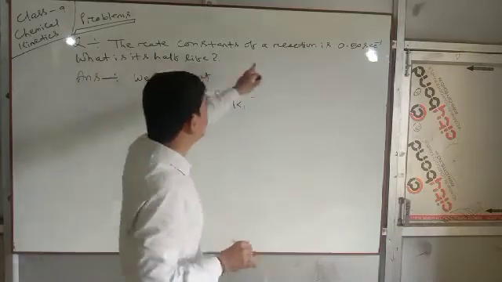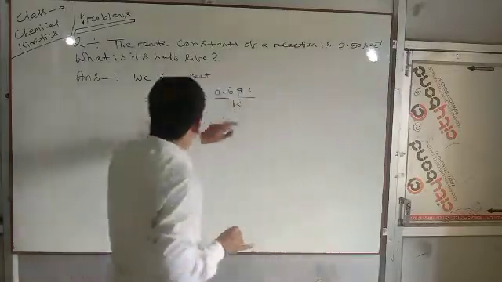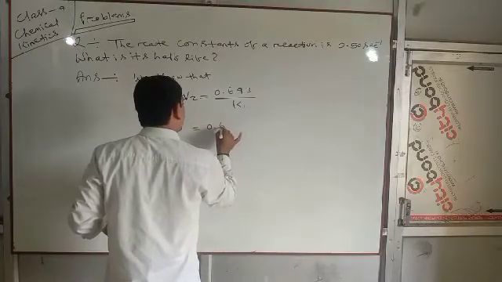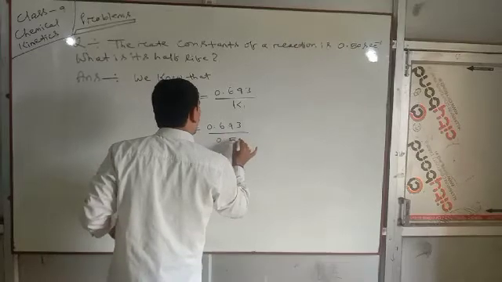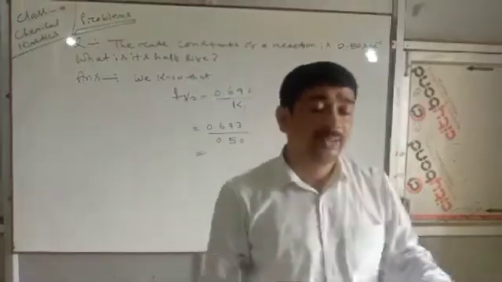Look, the rate constant is given as 0.50 second inverse. The rate constant is k1. So you have to put this value: 0.693 by 0.50. You divide this value and you will get the answer.